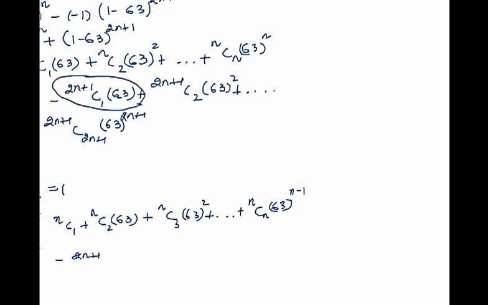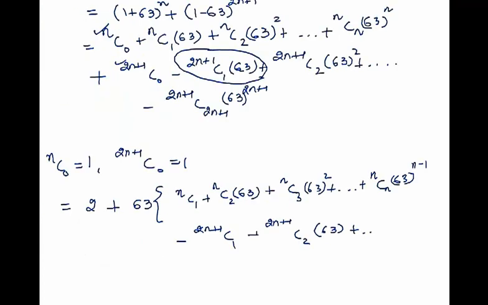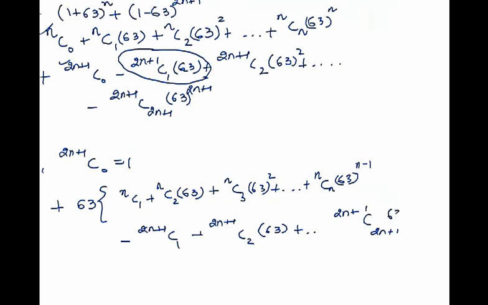So minus of (2n+1)C1 plus (2n+1)C2 times 63. It will go till (2n+1)C(2n+1) 63 to the power 2n, and it is of course carrying a negative sign.